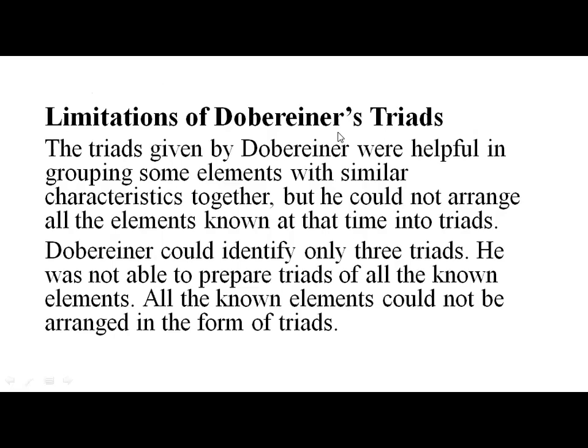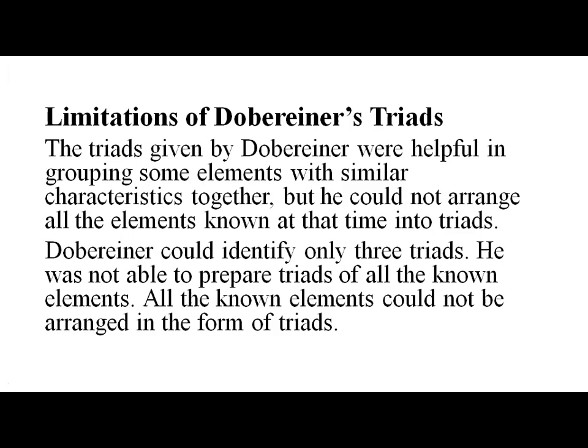Yes, limitations of Dobereiner. When he gave this law, it was not very successful. Why? The triads given by Dobereiner were helpful in grouping some elements with similar characteristics together, but he could not arrange all the elements known at that time. See, 35 elements were known, but he could make only 3 triads. For the remaining elements, when he tried to put them in the increasing order of the atomic masses, three elements were not obeying his law.